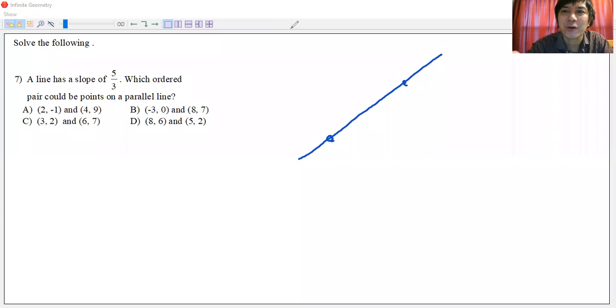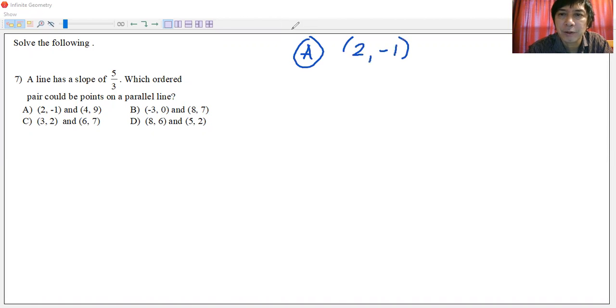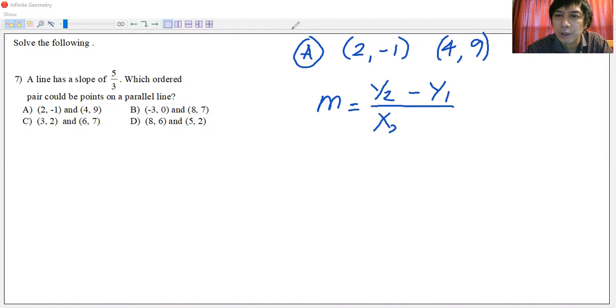So let's do that. Let's start with letter A. Letter A has 2, -1, also 4, 9. Now the formula for slope is y2 minus y1 over x2 minus x1. We label our 2 points x1, y1 and x2, y2.